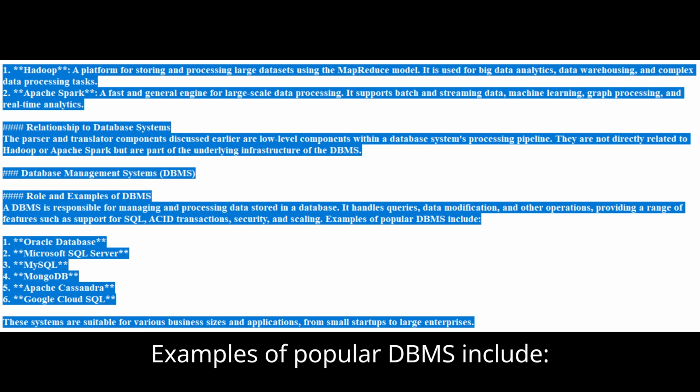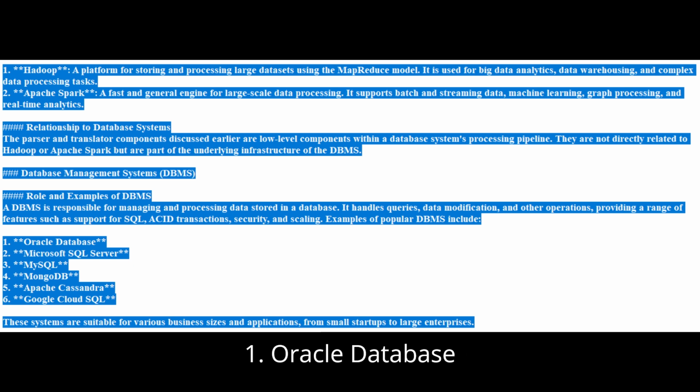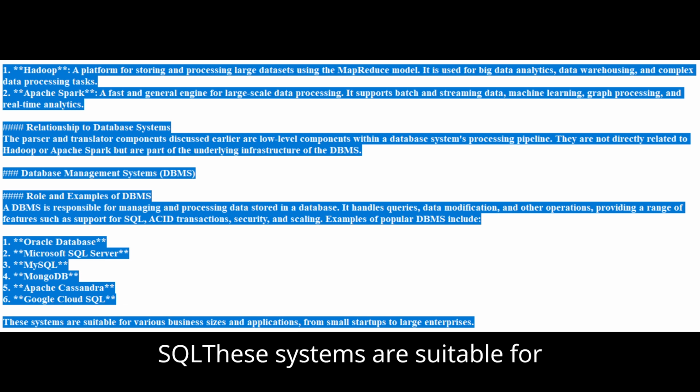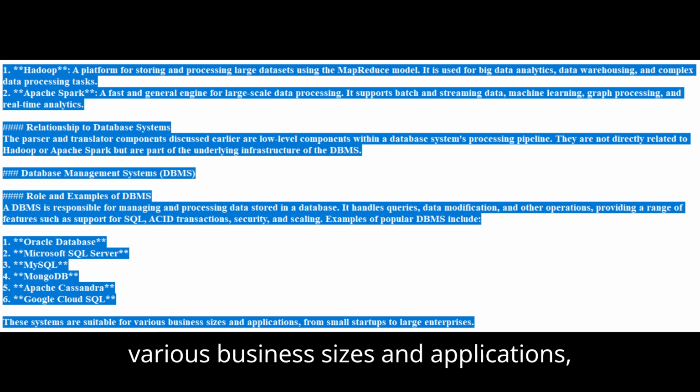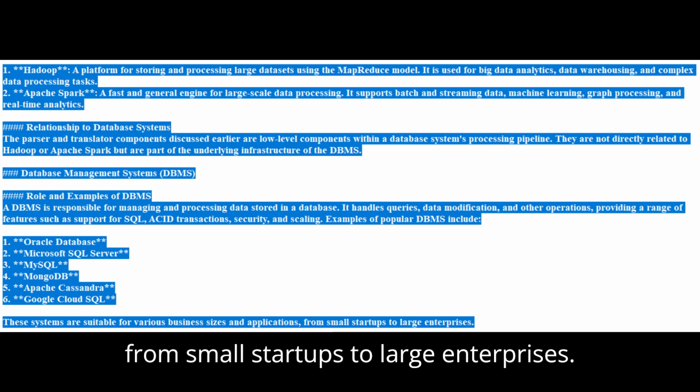Examples of popular DBMS include: 1. Oracle Database. 2. Microsoft SQL Server. 3. MySQL. 4. MongoDB. 5. Apache Cassandra. 6. Google Cloud SQL. These systems are suitable for various business sizes and applications, from small startups to large enterprises.